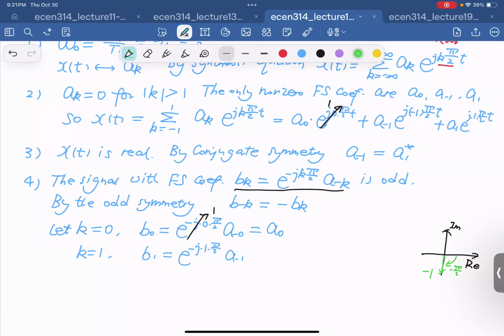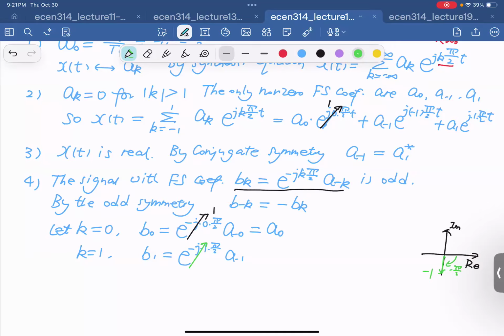Okay, so let's see. All right, so now this green part will become minus j, right? Because j times minus 1.